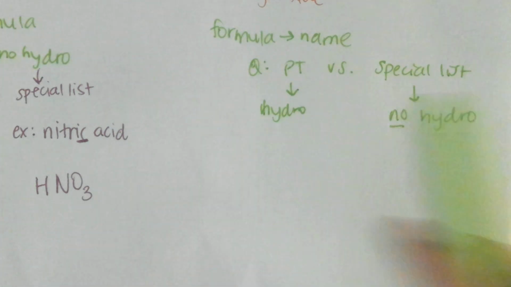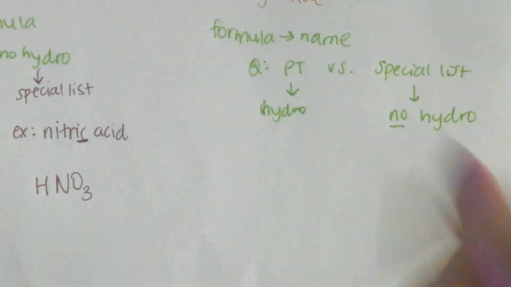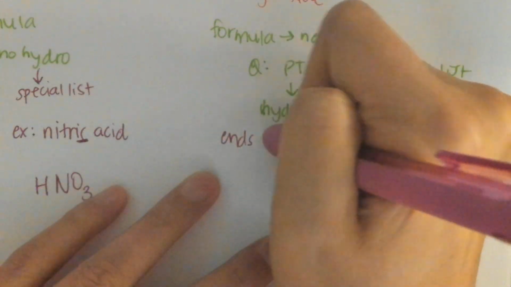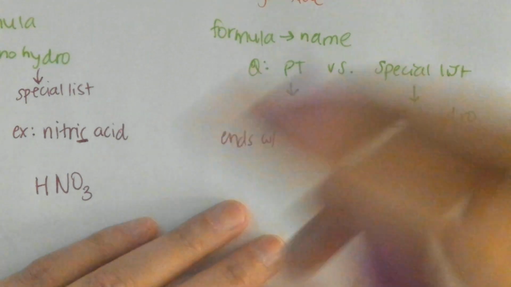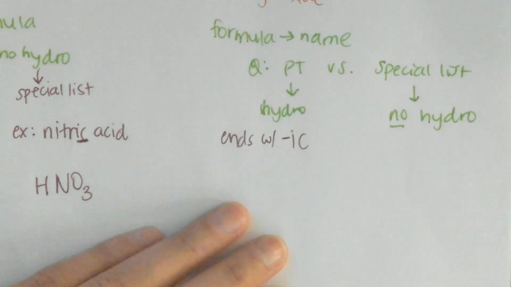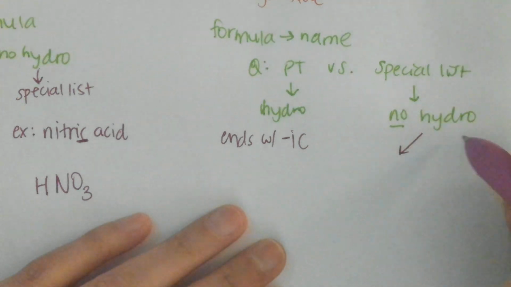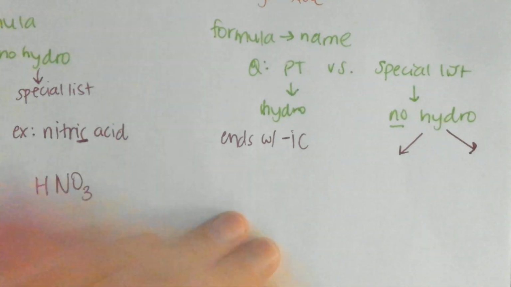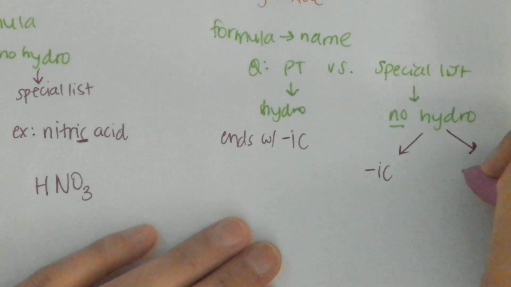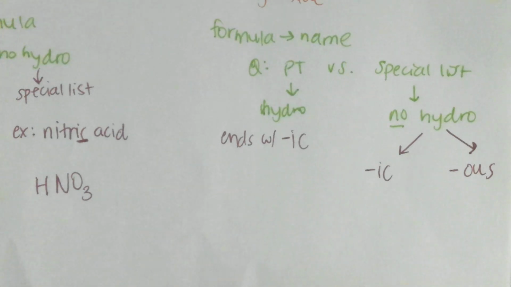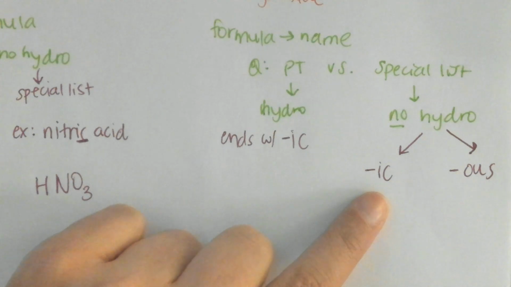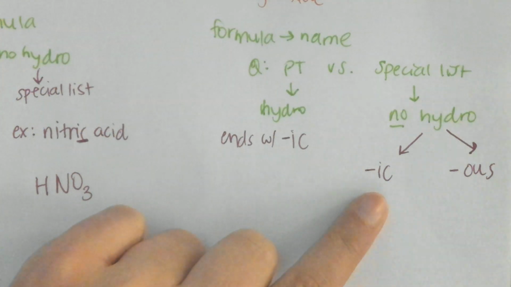Alright, so when it comes to the periodic table, the ending is always what? Hydrochloric acid. And then when it's no hydro, there's two possible endings: ic and ous. So how do you know if it ends with ic? Ate. Ending with ate.